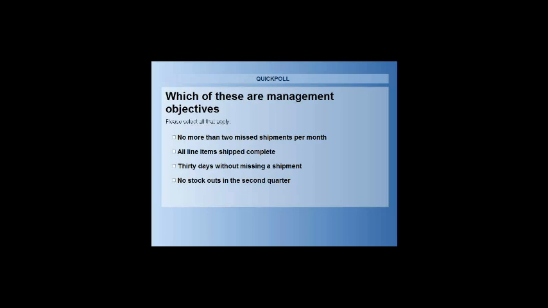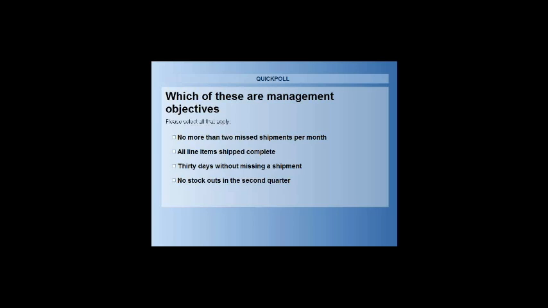And for this, I'm going to put you to work. I'm going to give you a poll here. On your screen, you can select one or all of these. Answer the question, which of these are management objectives? No more than 2 missed shipments per month, all line items shipped complete, 30 days without missing a shipment, no stockouts in the second quarter.